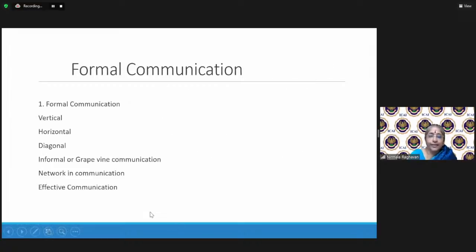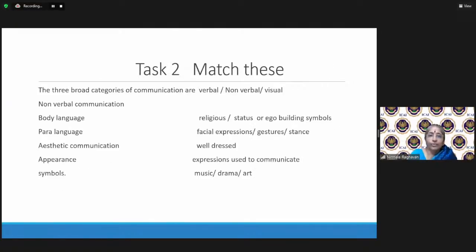You move on to the next slide. Now you will match these. Try matching this. Not a difficult task. Match and post in your query box so that I know that all of you are doing it. Right? And I'll give you 3 minutes for this.